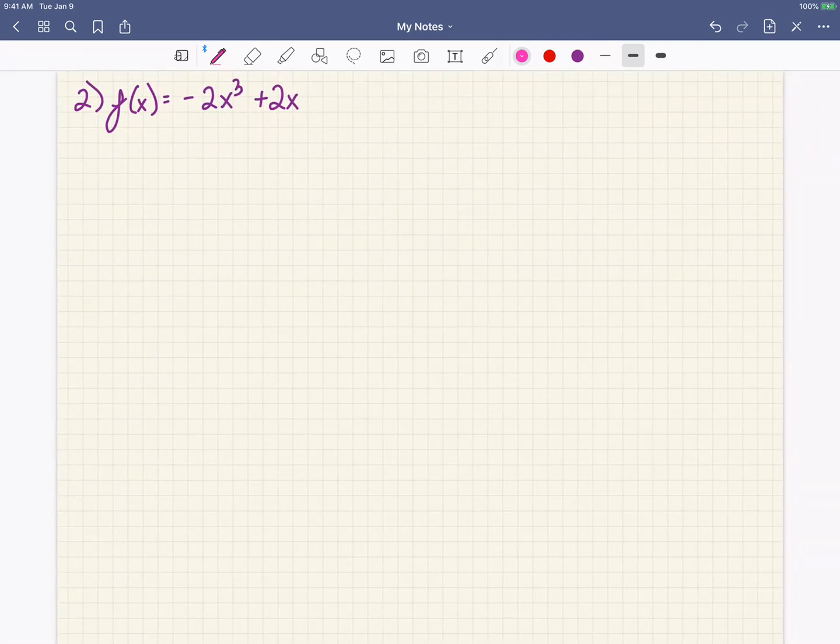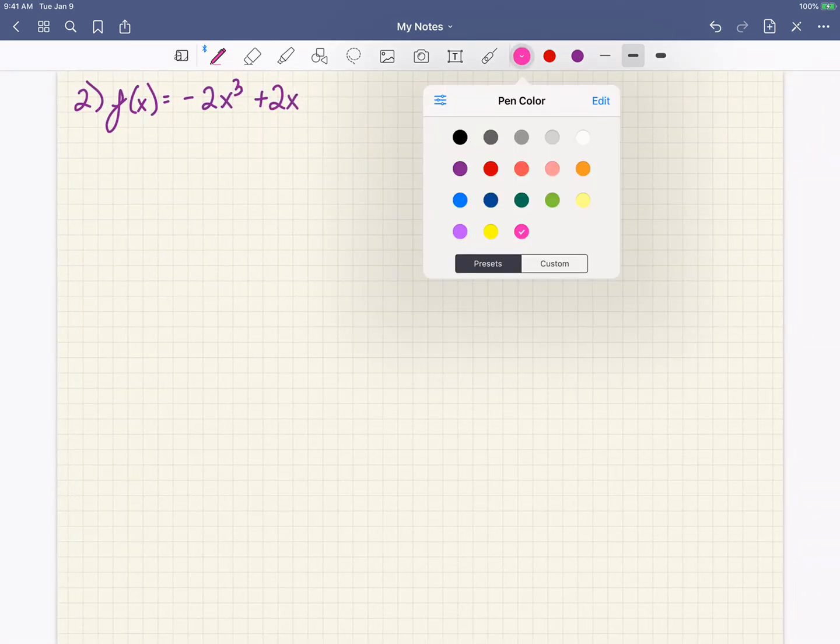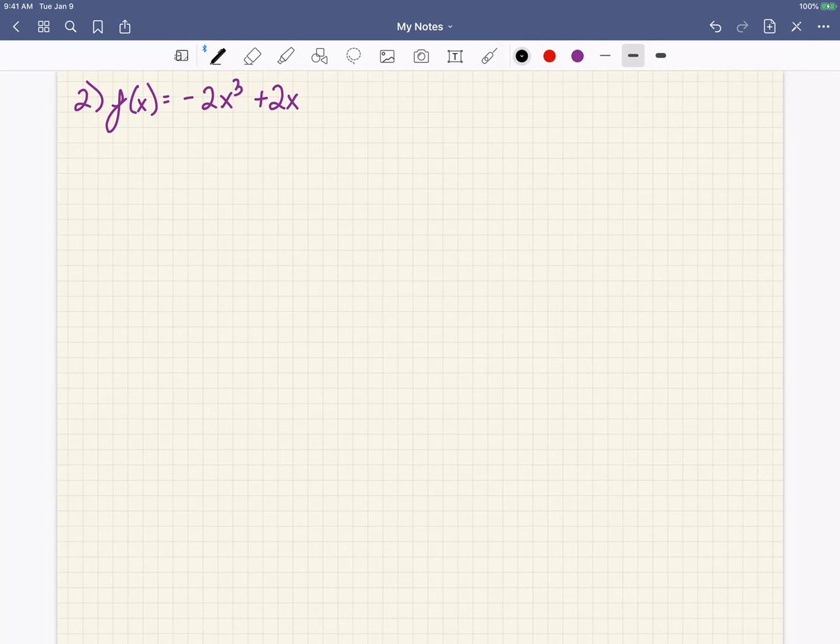Okay? We're going to do one more. I know it does take a little bit longer, but it is helpful to cover these bases. So my leading term is negative 2x cubed. So in this case, my leading exponent is odd, and my leading coefficient is negative.